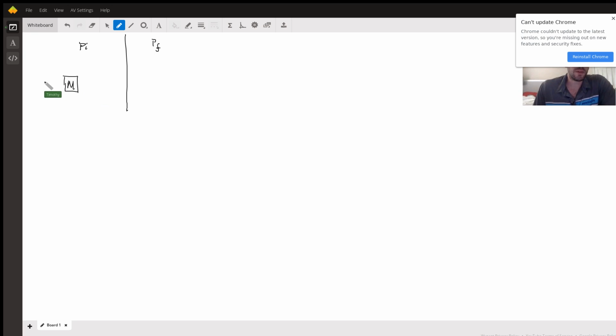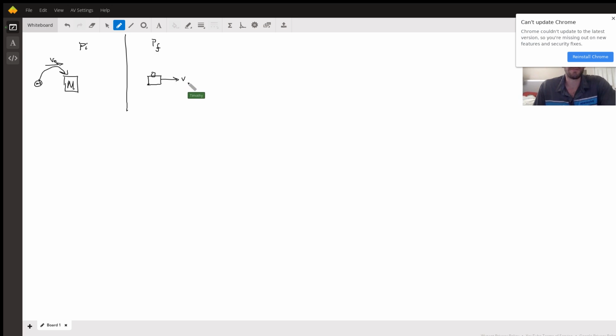So if you have a guy hopping on here, and we'll just represent him as mass little m, and he's hopping on here at a speed of v naught. What's going to happen is you'll have the guy on the cart both moving at a final speed, which we will call v.